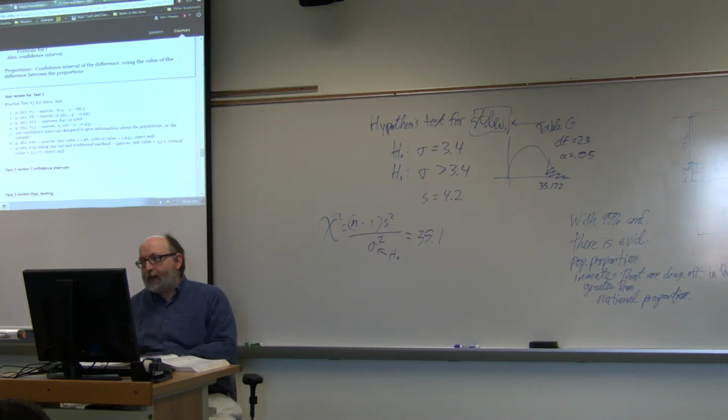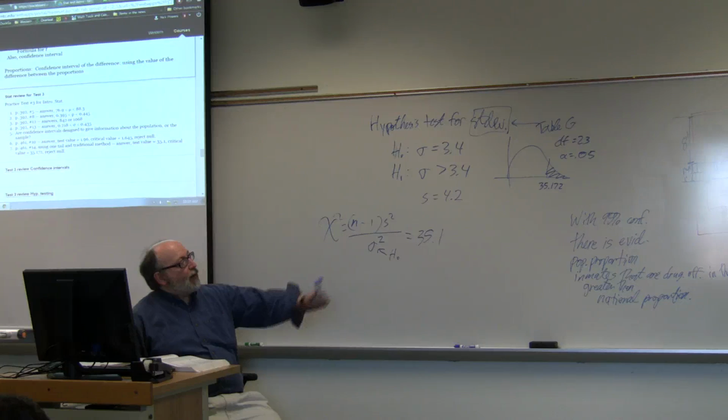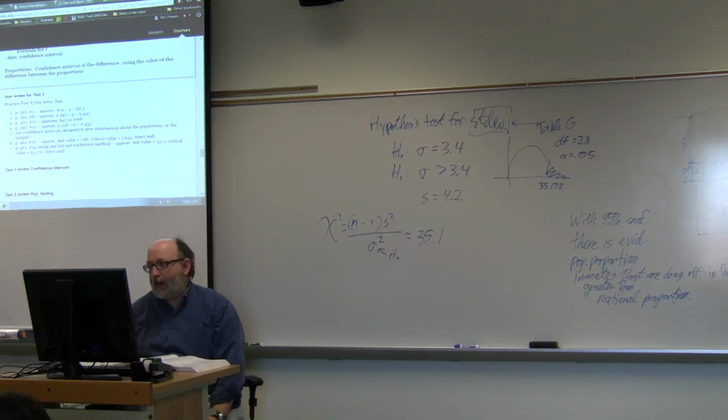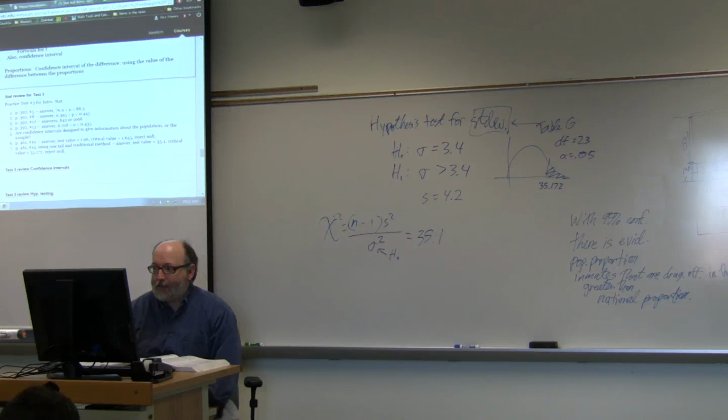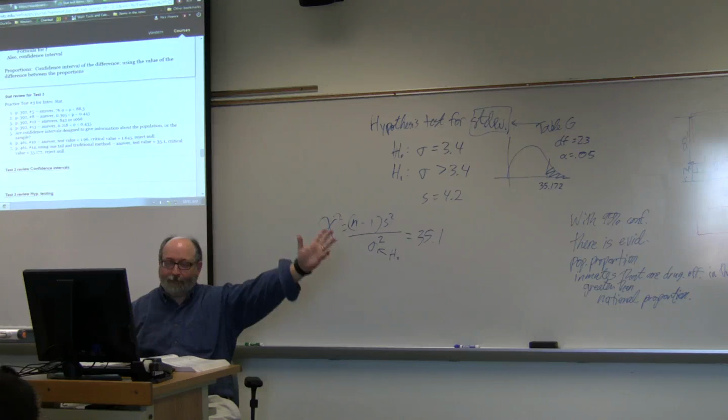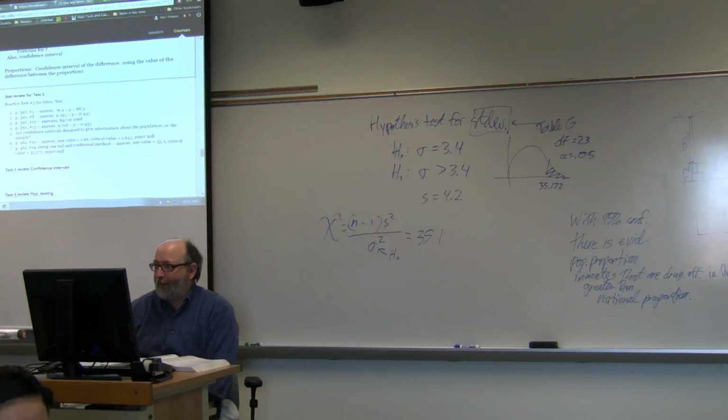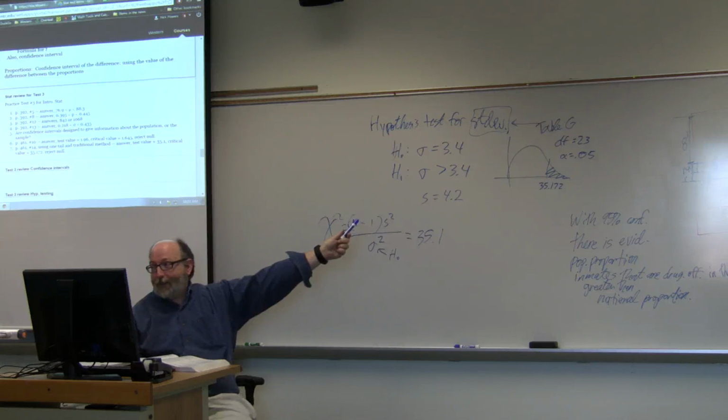Now these textbook authors are kind of tricky. 35.1 as a test value compared to 35.172 as a critical value. If this were a standard mathematics class, we would say do not reject the null hypothesis. It's not out far enough. But this is a statistics class, so we say close enough. 35.1 is awful close to 35.172.